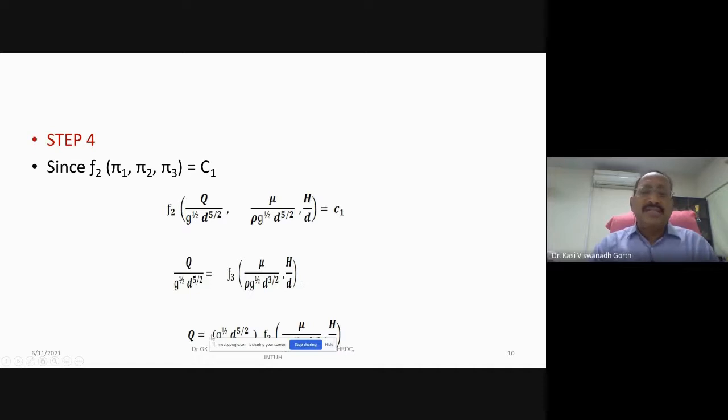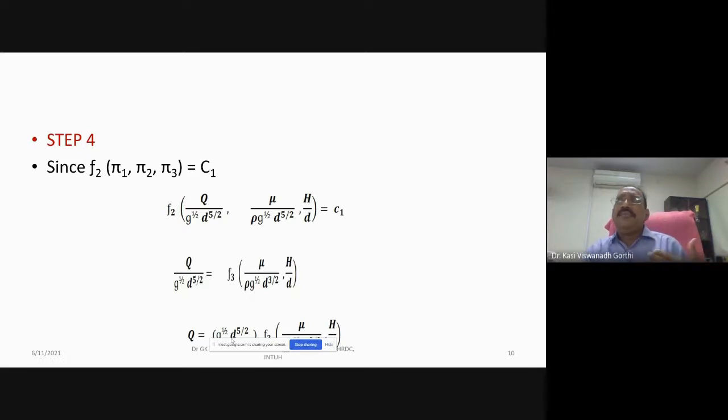So now you establish a relation for the dependent variable Q with all the other independent variables like d, g, h, mu and rho. So Q is equal to this. By making certain mathematical manipulation, you will be able to get the form like yesterday's.